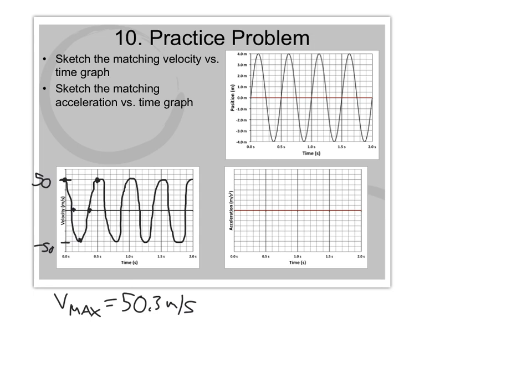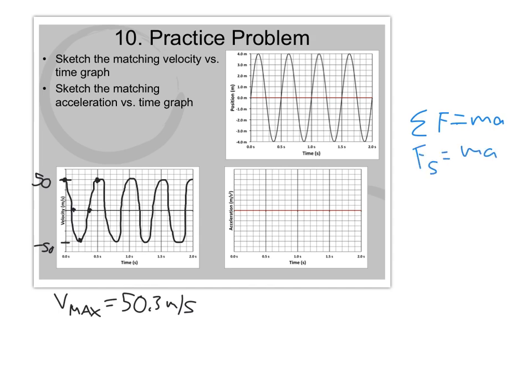Now, the acceleration versus time, I don't have, as of now, the maximum acceleration. However, I can pretty quickly find that doing my F equals ma. All right, and I knew that my k value to find my spring force was that 157.